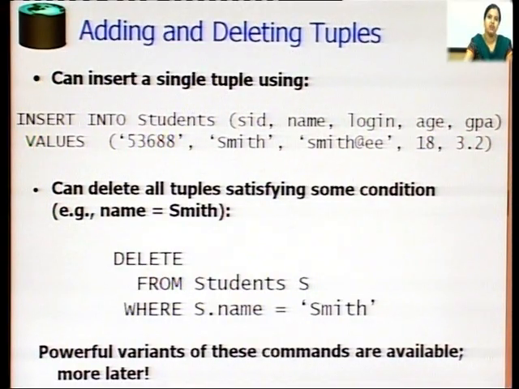Here you can see, by inserting some values: insert into students SID, name, login, age, GPA, these 5 attributes and their corresponding values. Student ID is 53688, name is Smith, login is Smith@EE, age is 18, GPA is 3.2.